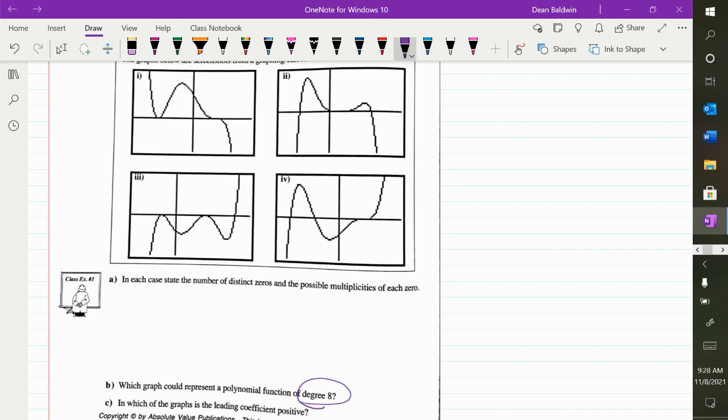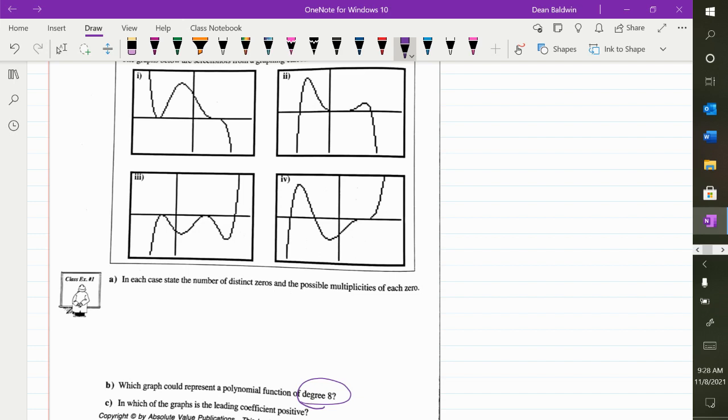There's a couple ways to do this. Anybody? Which one could be a degree 8 graph? 1, 2, 3.